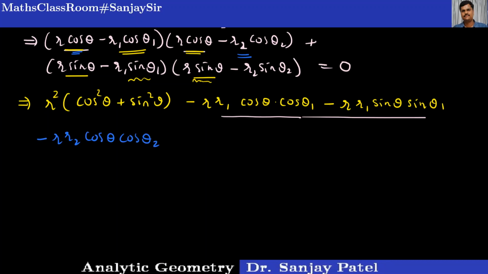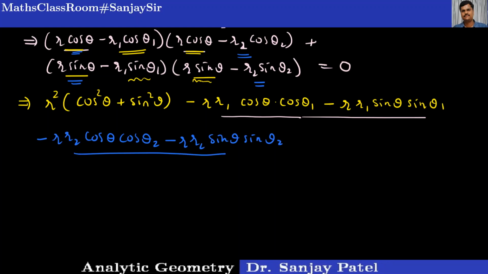The same way, the other term containing r2 in the second term is minus r r2 sine theta into sine theta 2. Okay, so this is another group of terms.